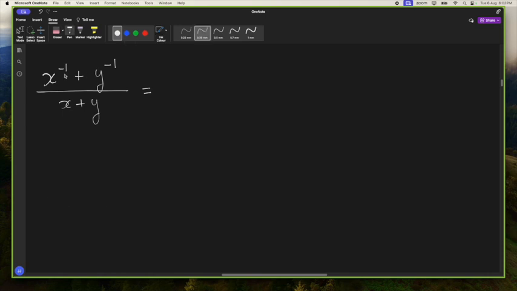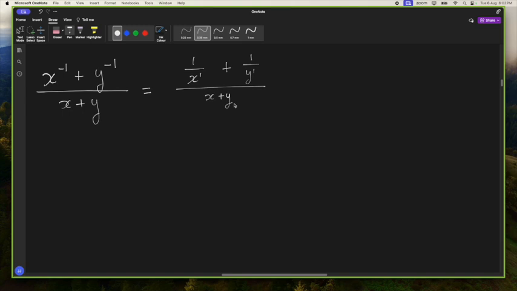So that x to the minus 1 is 1 all over x to the power of 1, plus that y to the minus 1 is 1 over y to the power of 1. All of that is over x plus y. You understand that so far, Adi?